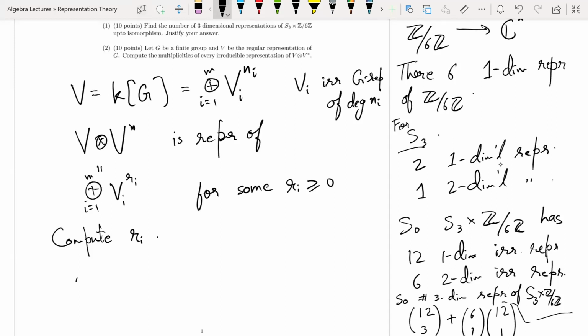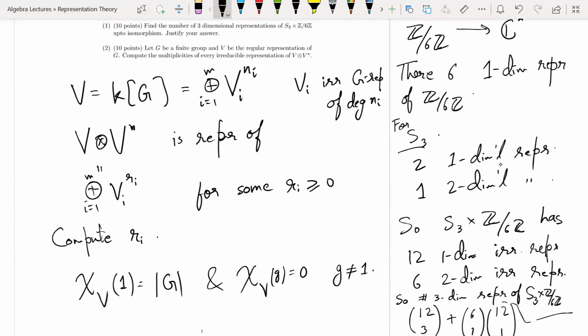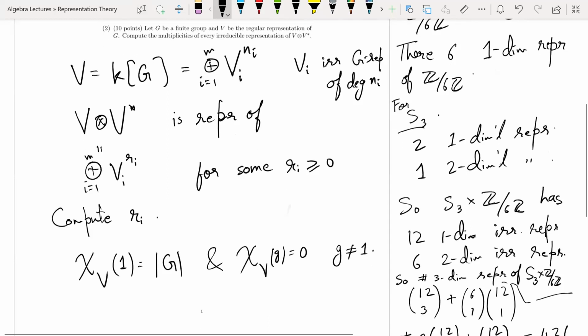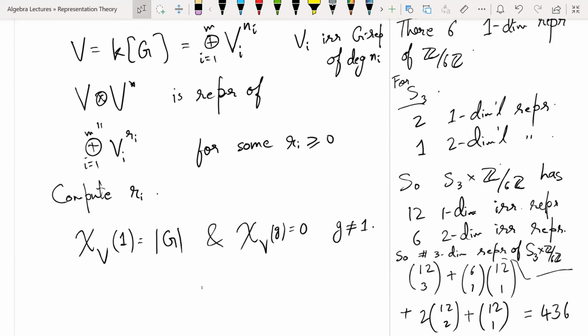The character of V, we know, for the regular representation, is the size of G at the identity, and chi V of g is 0 for g not equal to the identity. And then we figured out Ni by taking the inner product.